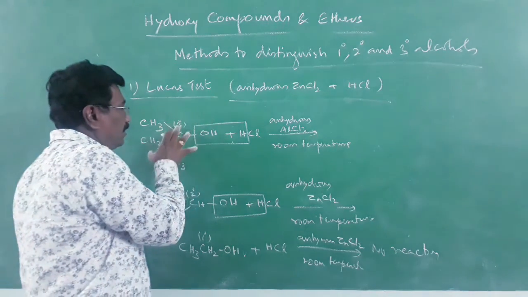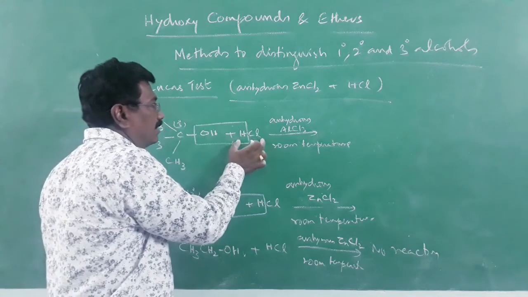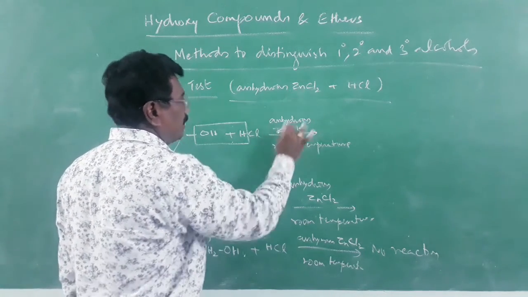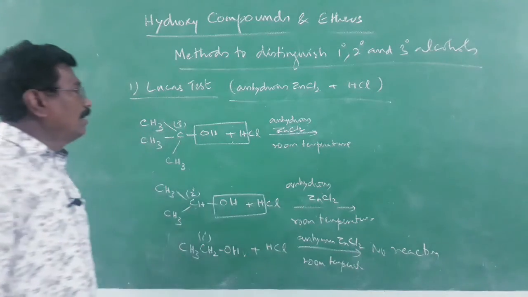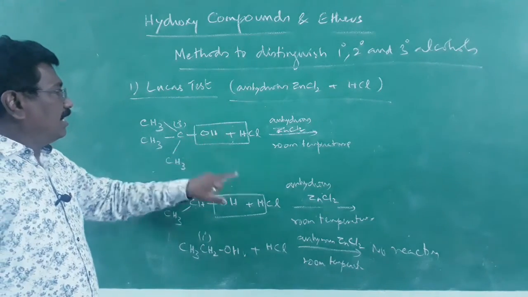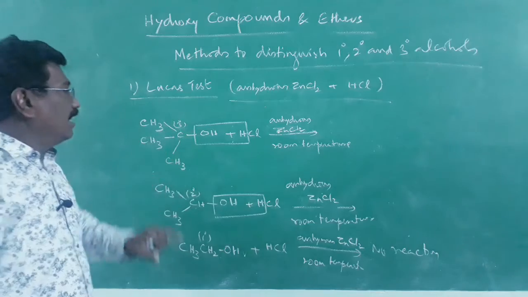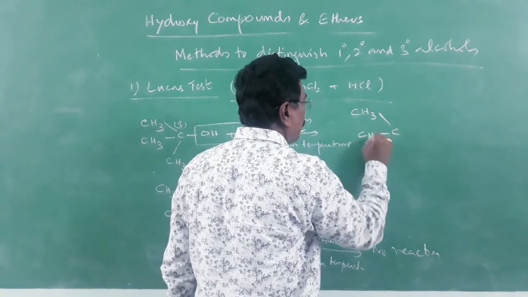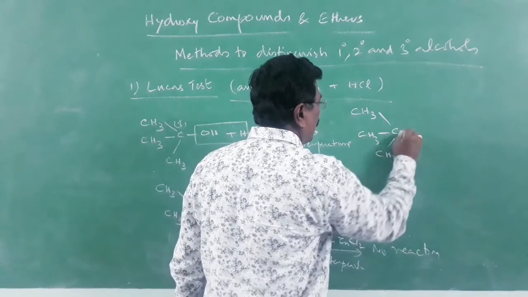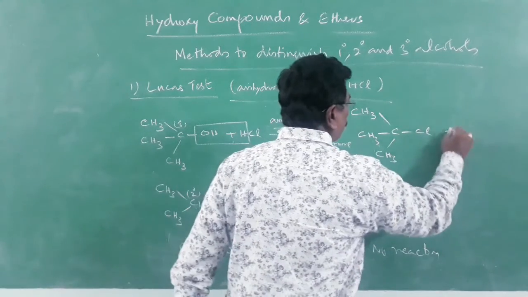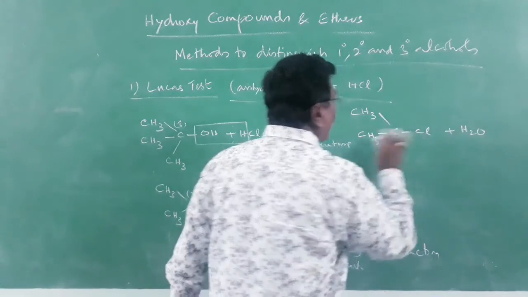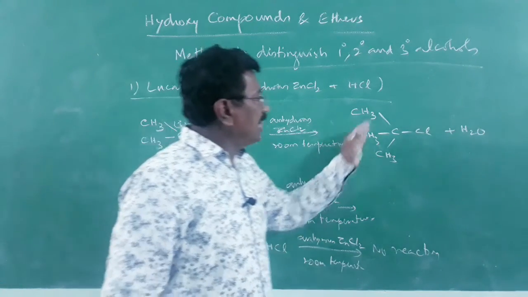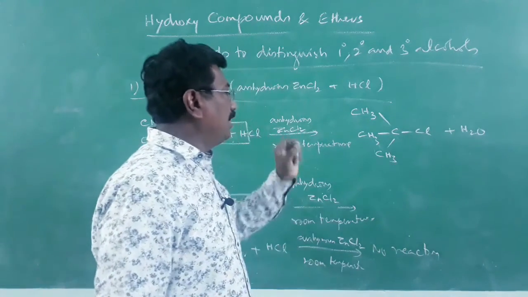When tertiary alcohol is made to react with the Lucas reagent, anhydrous zinc chloride and HCl, don't forget, at room temperature, it reacts immediately, resulting in the formation of alkyl chloride, (CH3)3CCl plus H2O. It is insoluble in water. Alkyl chlorides are usually insoluble. And because of the insolubility in water, we get turbidity.